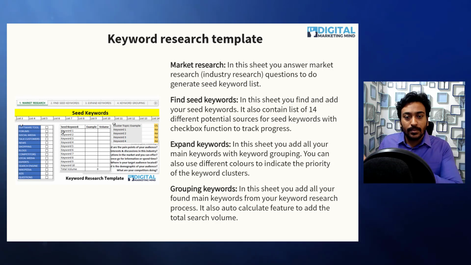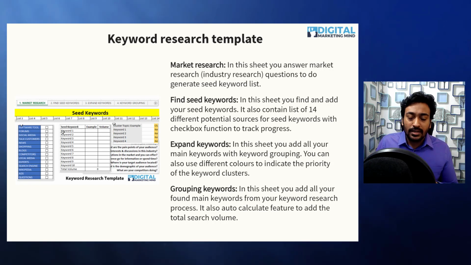When I do the keyword research demonstration, you can use this Google spreadsheet to do market research, where I have mentioned all the important questions you need to answer. I have created a different tab for finding seed keywords, which shows 14 different places where you can click a checkbox to mark yourself and fill in a seed keyword list.